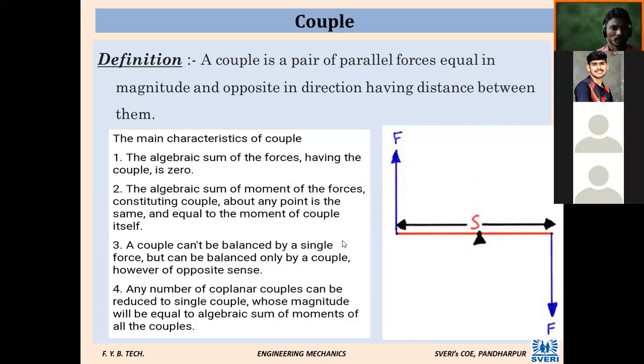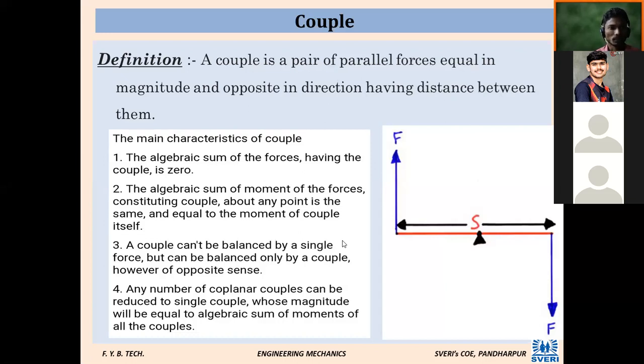We have seen it a number of times. A couple is a pair of parallel forces, equal in magnitude and opposite in direction. In short, simply equal and opposite forces form a couple.